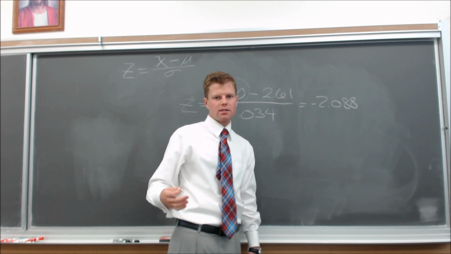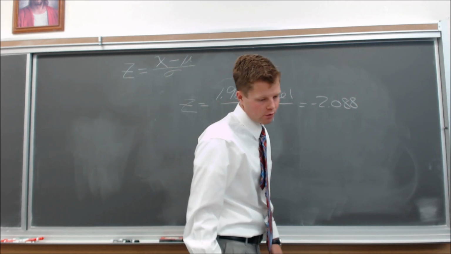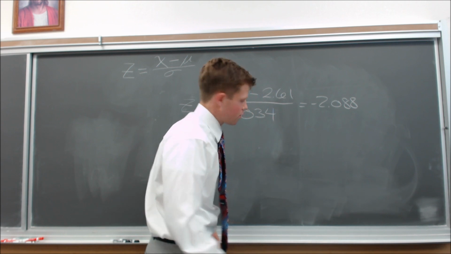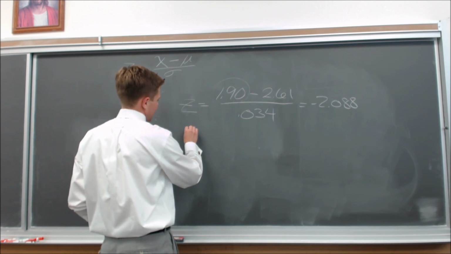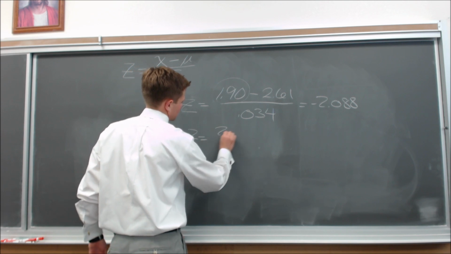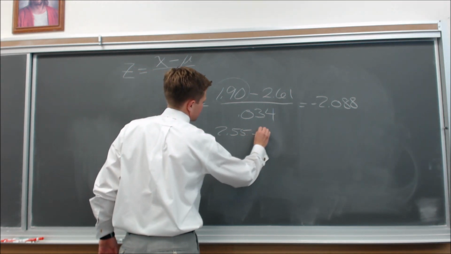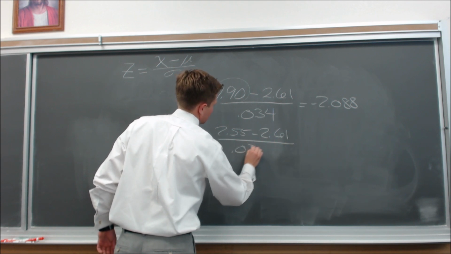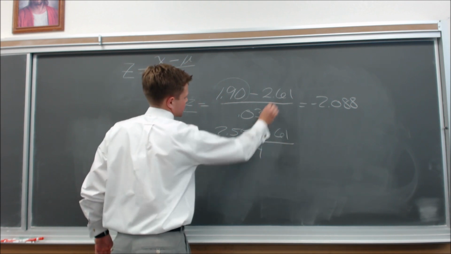Okay, so this is the same process that we're going to go through for the following ones as well. So if you were batting a 0.295, our equation will look like this. Notice these two numbers are the same.